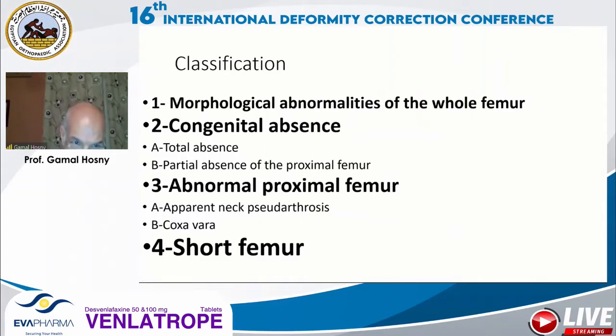Type 2, congenital absence. A, total absence. B, partial absence of the proximal femur. Type 3, abnormal proximal femur. A, apparent neck pseudoarthrosis. It's not pseudoarthrosis, it's apparent pseudoarthrosis. B, coxa vara. Type 4, short femur. It's almost a normal femur, but short. And I will show you the classification.